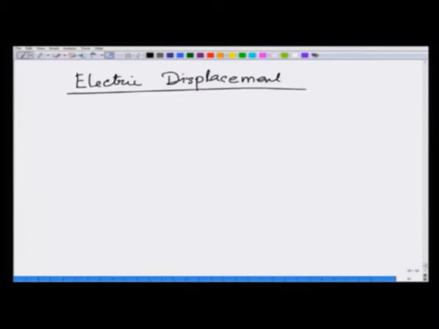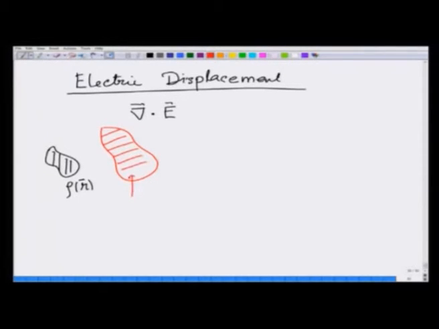that facilitates solving of such problems. To understand displacement, let us write that if I have electric field E due to the presence of some charge distribution which I will call rho of r, and a dielectric medium which I am showing by red, this is the dielectric medium.